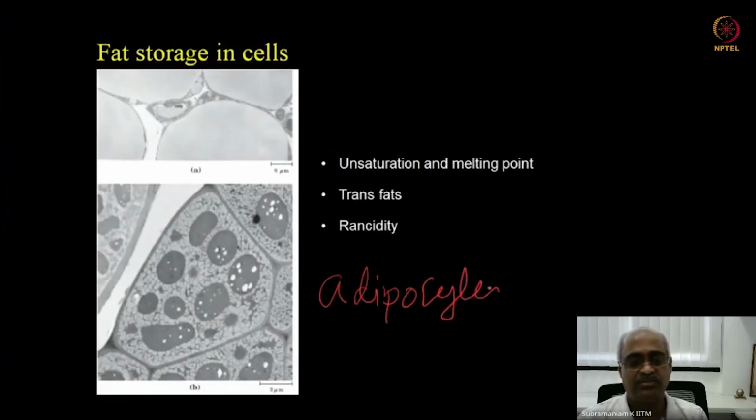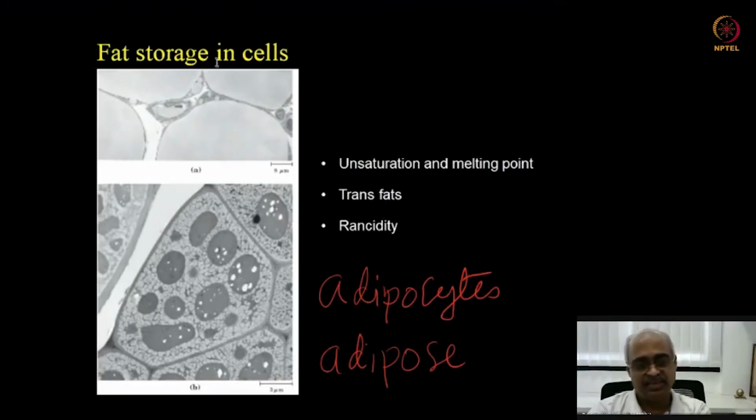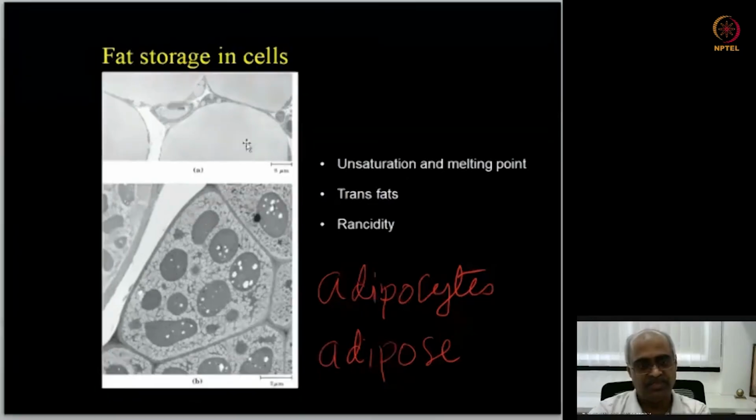Okay, so these are present in adipose tissue, which is under our skin and also surrounding many internal organs. Okay, so this is a cross section of 4 adjacent adipocytes.